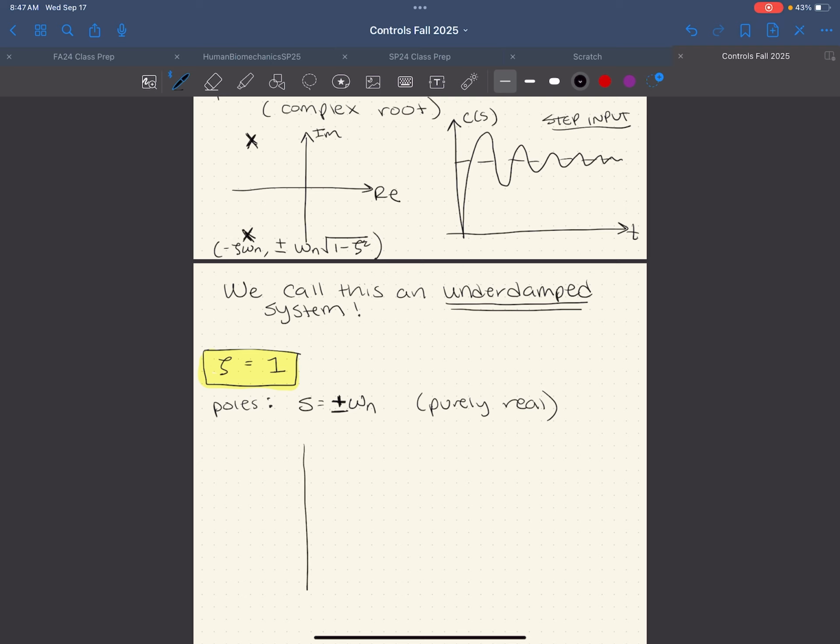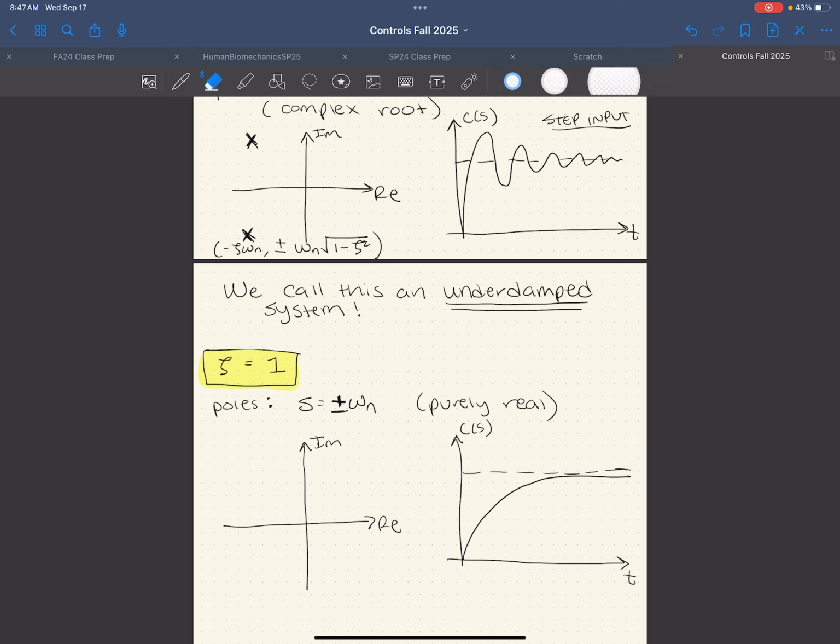And we're going to put this on our pole zero map, and look at our time domain response to a step input. It turns out that when zeta equals 1, our time response of this system looks a lot like a first order system. On the pole zero map, we get this interesting thing where I'm on the real axis. Oh, sorry. This is not positive and negative.